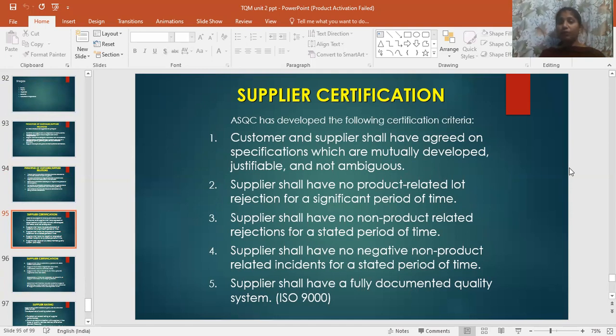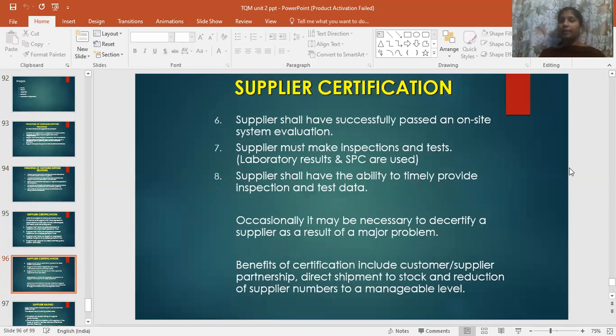The supplier shall have a fully documented quality system as per ISO 9000. The supplier shall have successfully passed an on-site system evaluation. The supplier must make inspection and test, both laboratory and SPC. Then the supplier shall have the ability to provide inspection and test data in a timely manner.